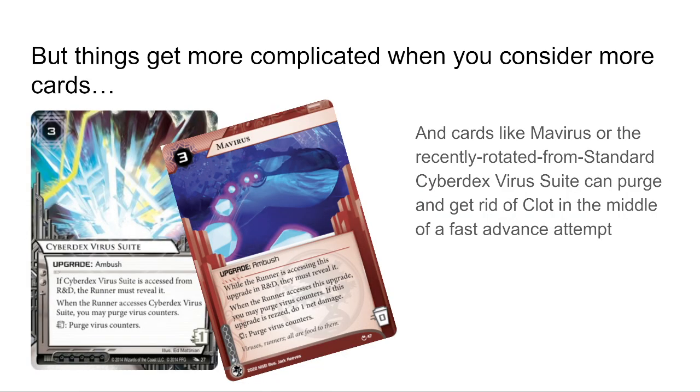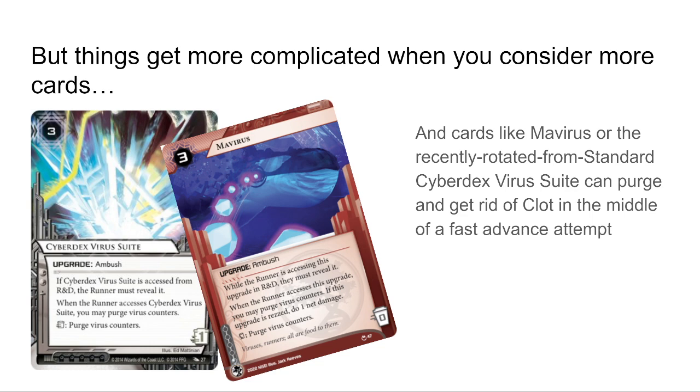And, of course, there's also now corp tools that help with that because you don't have to just spend 3 clicks to purge. You can also use cards like Mavirus or the recently rotated CyberX Virus Suite to purge in the middle of a fast advance attempt.